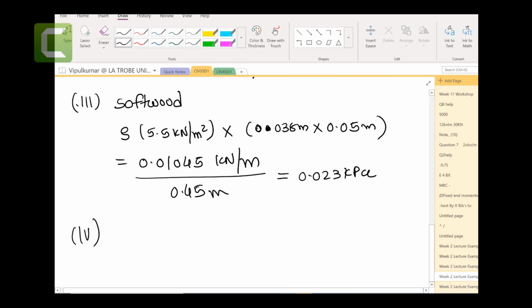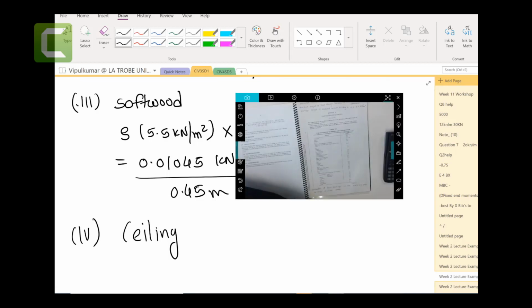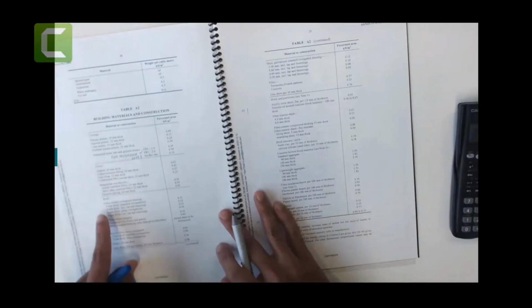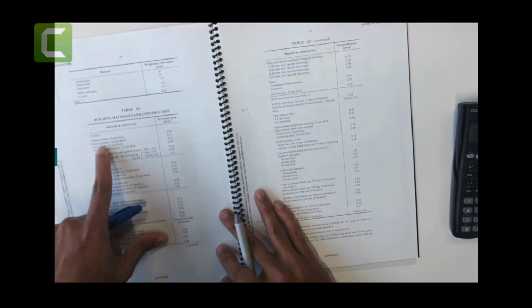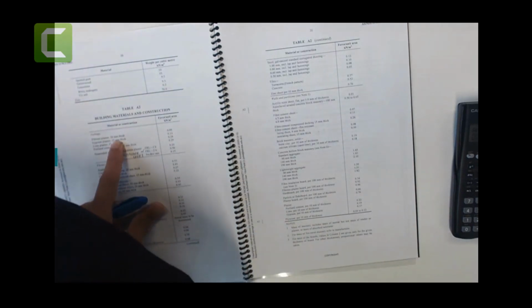Number 4, I think ceiling. Now for the ceiling, we can go back to the standards. Ceiling here, gypsum plasterboard. What was the vocabulary they use?